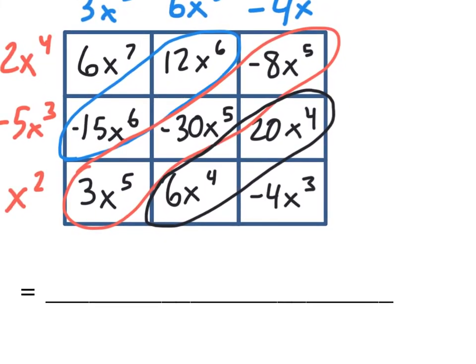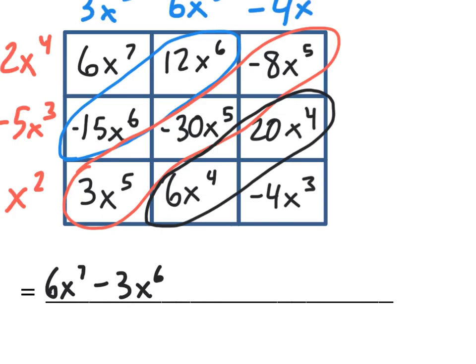So as you can see, 6x to the 7th, that's its own term, so that stays there, goes first. Now we'll combine the x to the 6th terms. So negative 15x to the 6th plus 12x to the 6th is negative 3x to the 6th. The red one's a little harder to combine. The two negative ones, negative 8x to the 5th and negative 30x to the 5th, make negative 38x to the 5th.